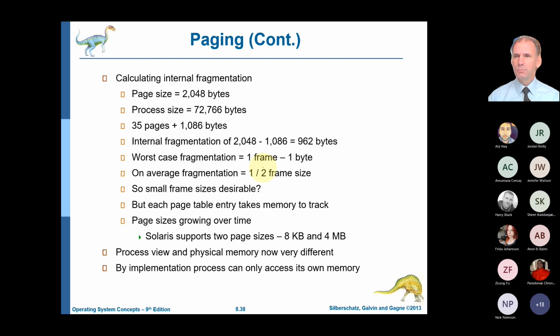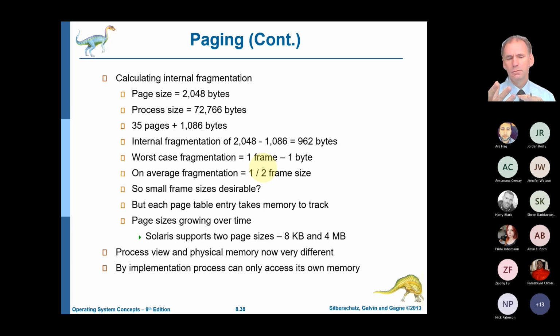And as we seem to be saying all the time, it's about finding a balance. If we're going to waste half a page on average each time, let's make the pages small. Let's have a 1K page or a 512 byte page, so that we only waste on average half of that.